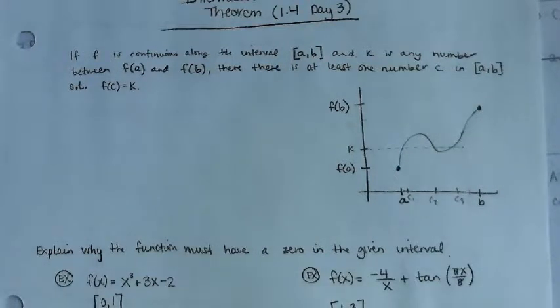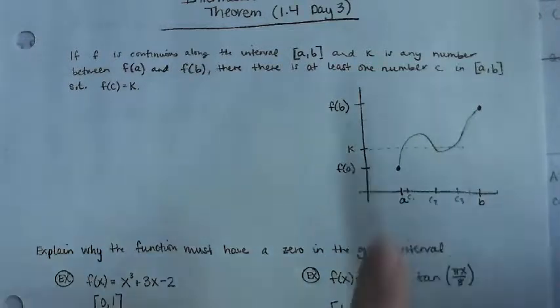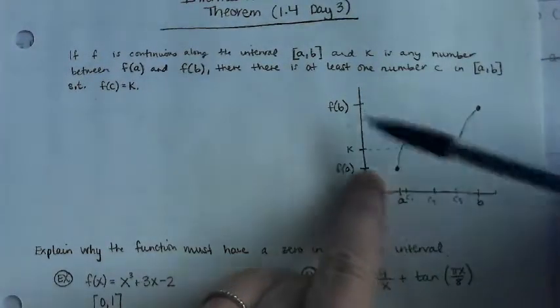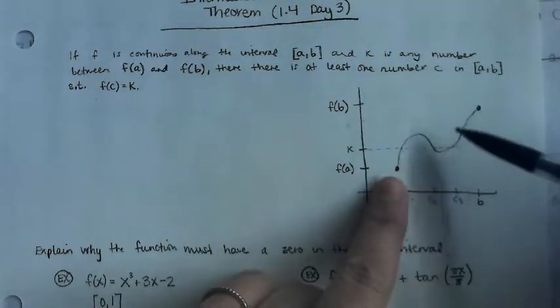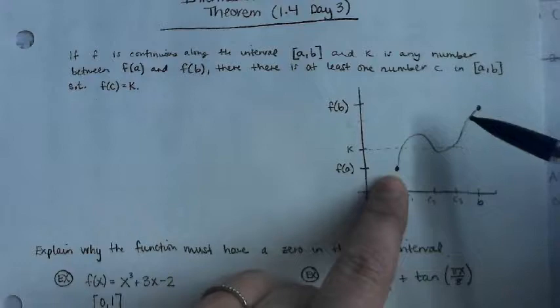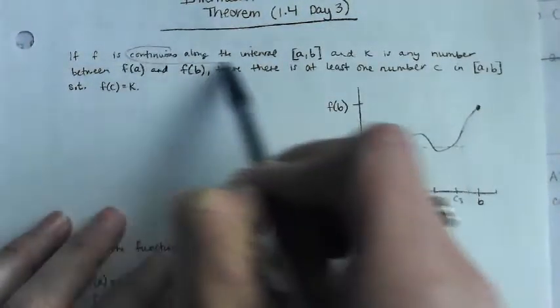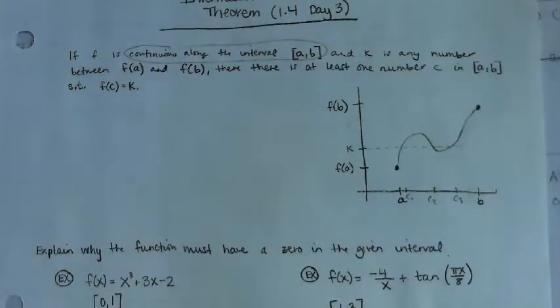So, pretty straightforward. The only time you wouldn't have to cross all of the values between f of a and f of b would be if there was some weird jump, right? But there can't be, which is why they have this stipulation that it has to be continuous.